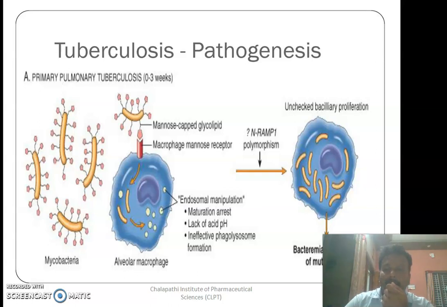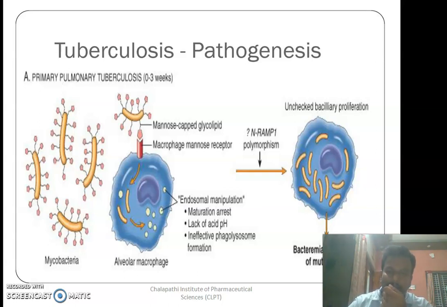try to engulf and kill that Mycobacterium tuberculosis, but since they don't have the ability to kill it, they undergo some damage and change their shape.